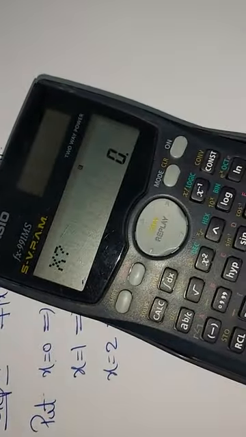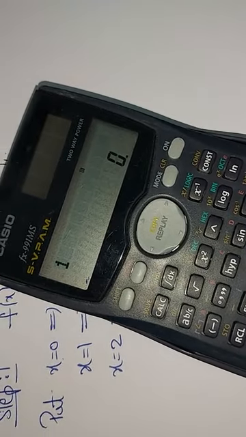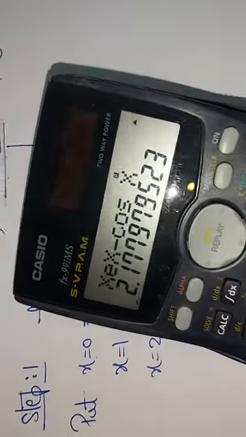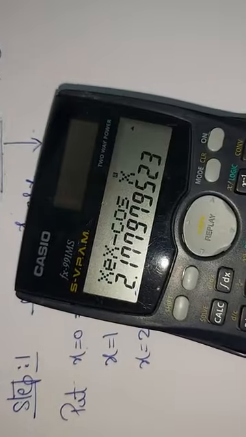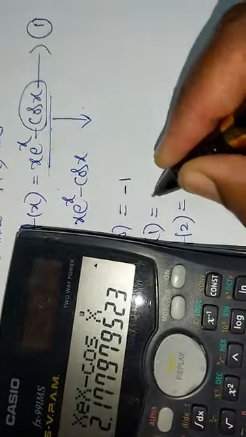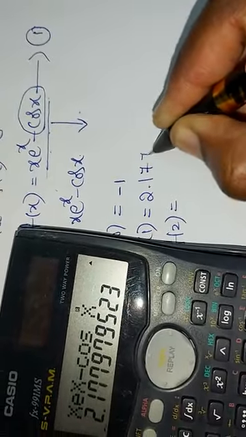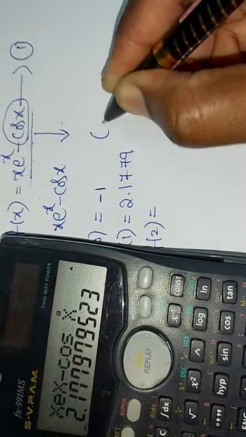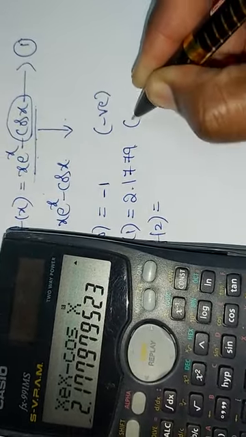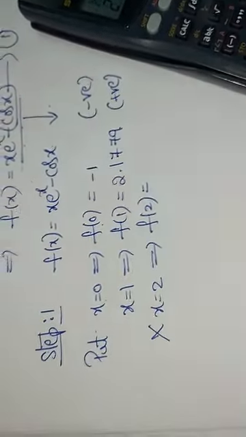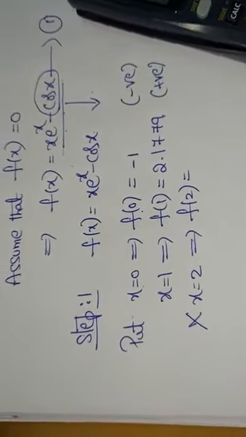Now calculate the value at x equal to 1. x into e power x minus cos x value is 2.1779, which is positive, and the earlier one is negative. So there is no need to calculate the value at x equal to 2.